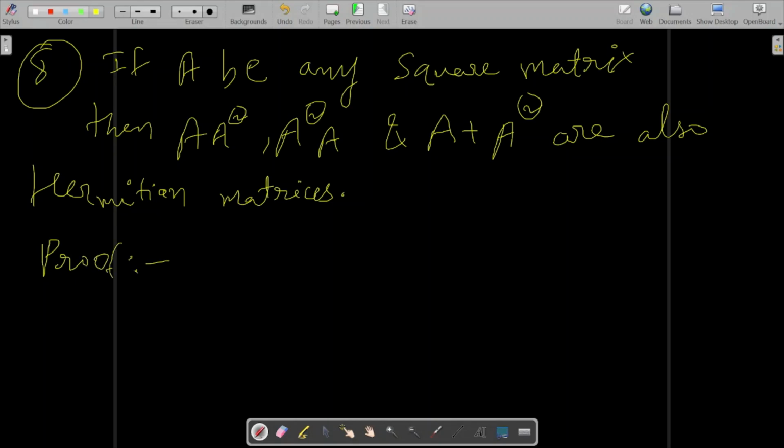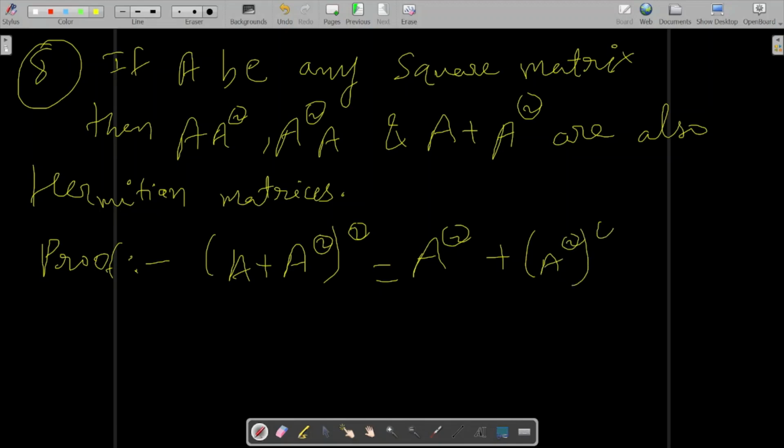So let's take one example over here. A conjugate will again be A by the property which we have already learnt, and then I will change the order and write it.